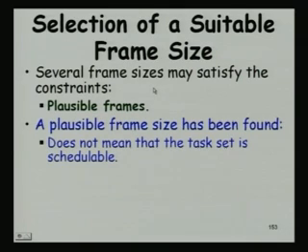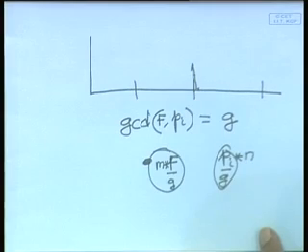Now, several frames might satisfy the constraint. As we will see when we take some examples, those are called plausible frames. Those are the frames which we can actually make use of, but as some of you were mentioning, even if the frame constraints are satisfied, it does not mean that the task set is schedulable.